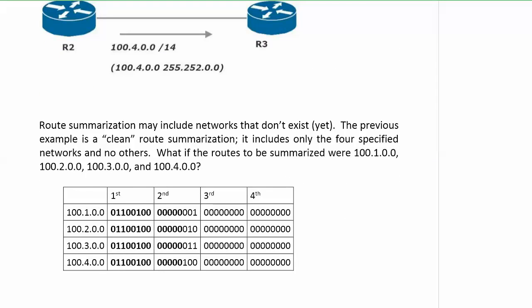And what if the routes to be summarized then were 100.1, 2, 3, and 4 for the second octet? Well, if you go for the common bits from left to right, how many have we got there? We've got 13 because the 14th bit is 0 for the first 3 networks, but it's 1 for the 4th one. So we have 13 common bits.